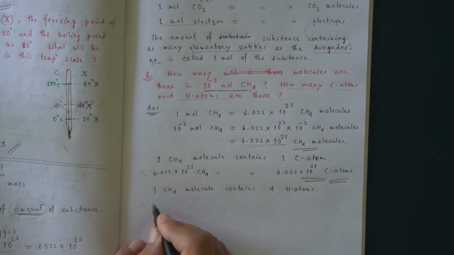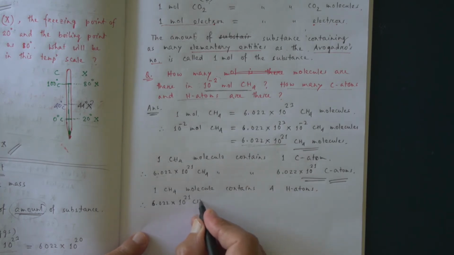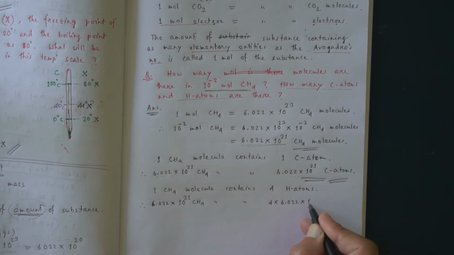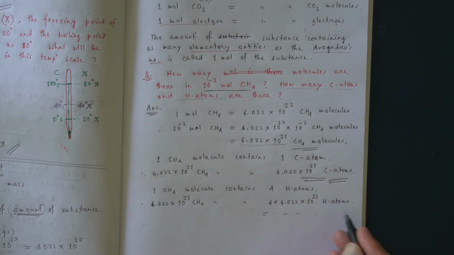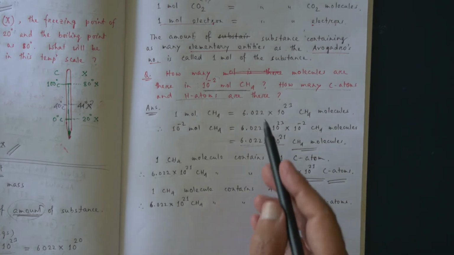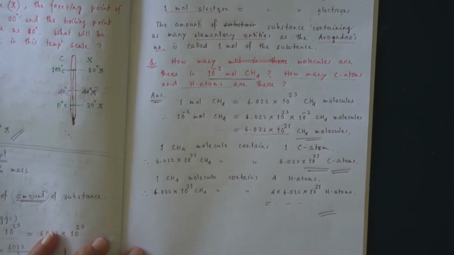So 6.022 into 10 to the power 21 methane molecules contain 4 into 6.022 into 10 to the power 21 hydrogen atoms. It can be simplified to give this much hydrogen atoms. So this is the answer. Very simple. If you understand a little, you can do it easily.